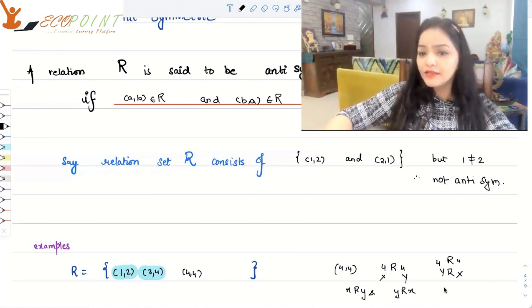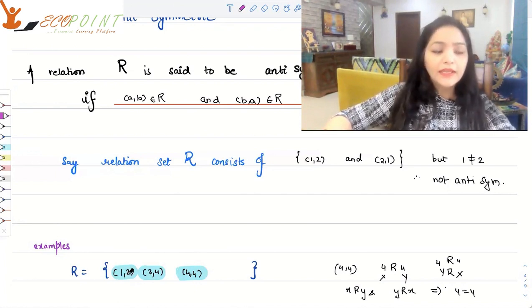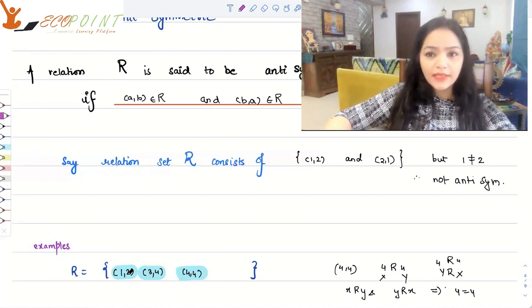And because 4 is equal to 4, we do not have any problem with antisymmetric here. This is an antisymmetric relation because, remember, for antisymmetric, in case (a,b) is there, then (b,a) should not be there, either that is happening.